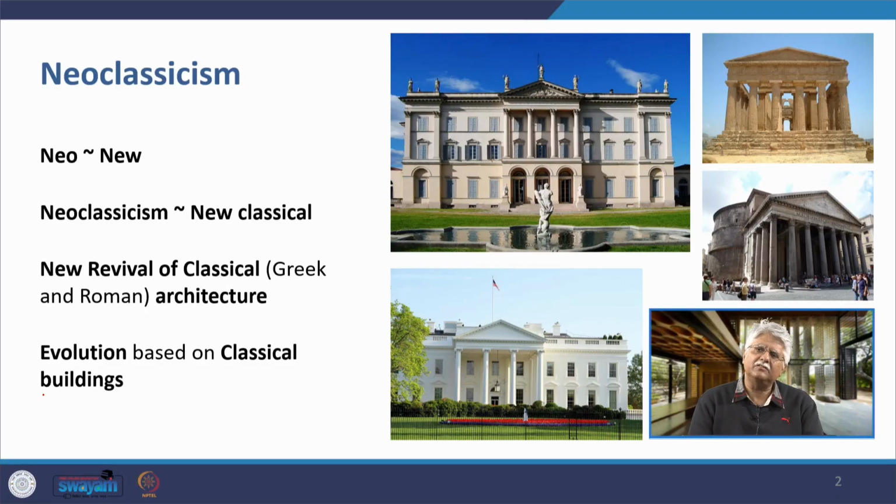to neoclassicism, which basically means the revival of classical architecture in the 18th century. Neo means new, so neoclassicism means the new classical, and it is this revival, this evolution based on classical buildings, that happened in the 18th century.